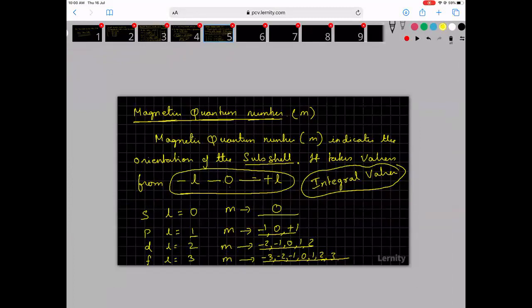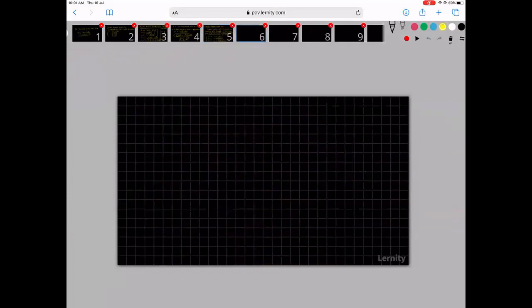Okay. Now each of these indicate a different orientation. That means, suppose I go to the S subshell. An S subshell has only one compartment, 0. Okay. If I go to P subshell, it has a shape like this.